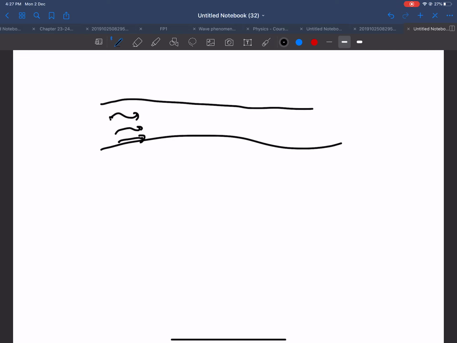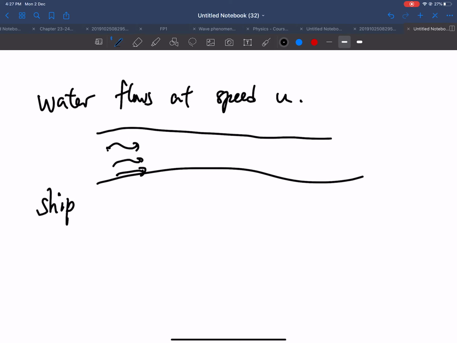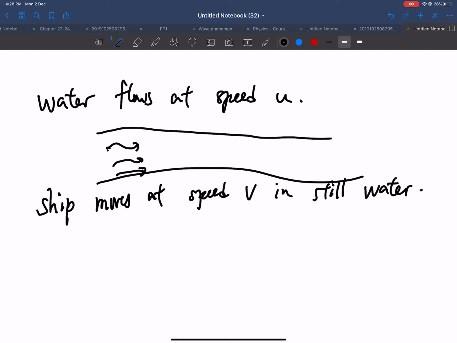Let's say the water flows at speed u, and a ship with constant speed, without acceleration, moves at speed v in still water. That means if the reference frame is still water, the ship moves with constant speed v. Then find, if the ship moves inside this river, what is the speed?